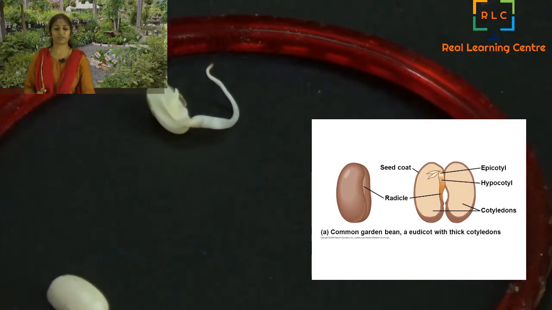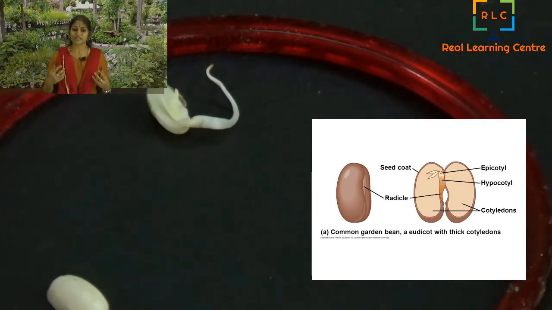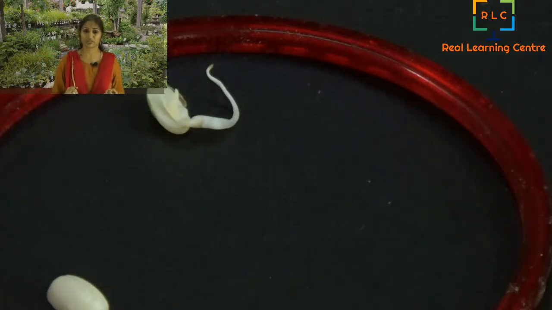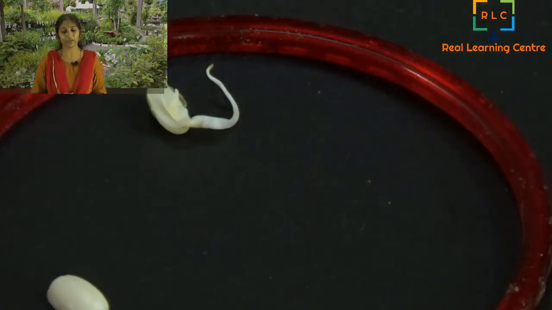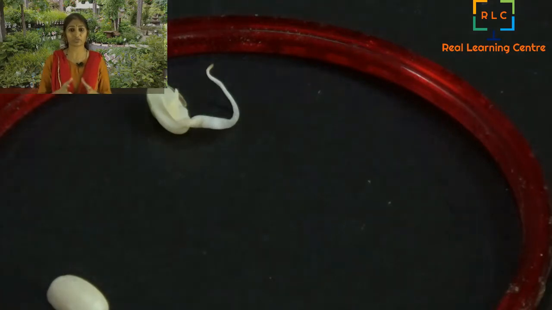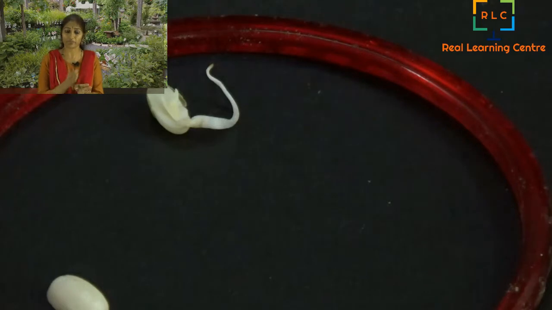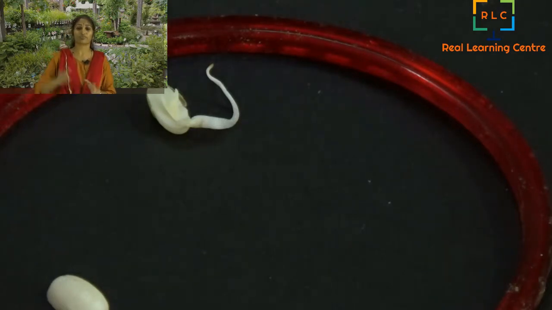Now this part of the embryo is very important, because when it's ripened, I am going to get a new plant or a new tree. How is that going to happen? That is going to happen by a series of growth developments that we see in the seed.